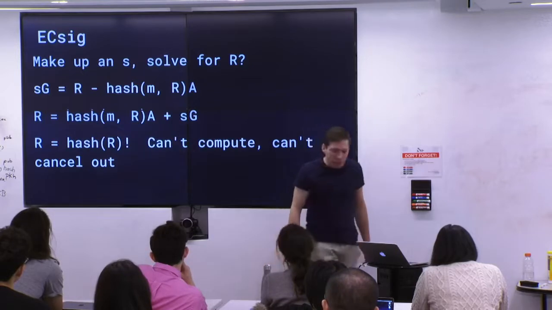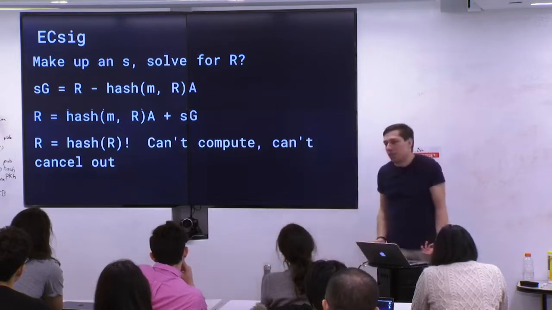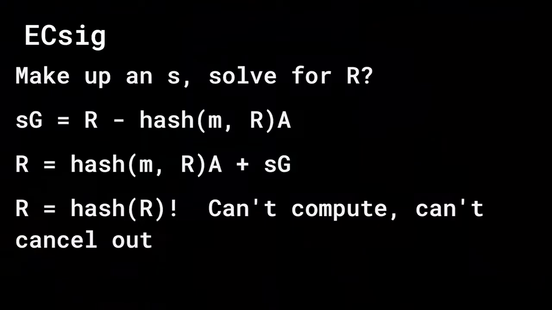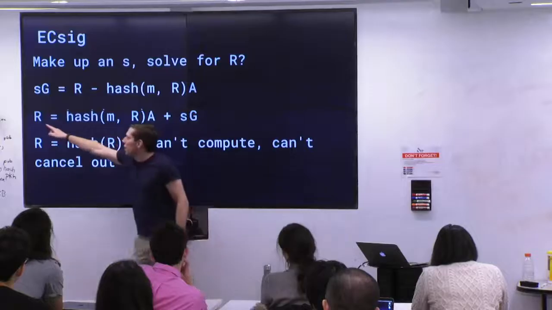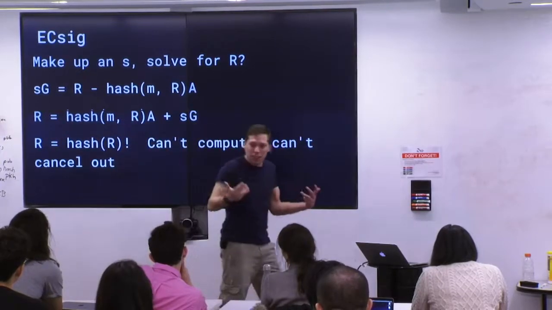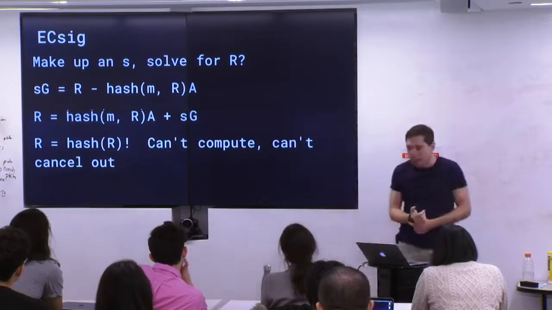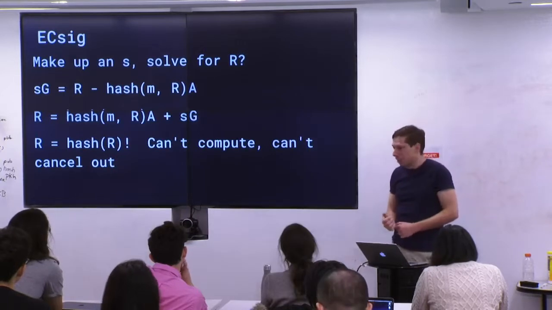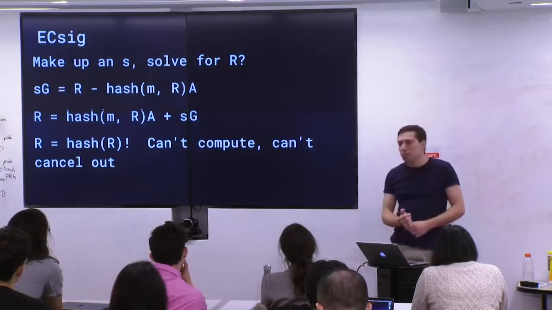The problem is, R is defined by the hash of R in this case. I can't compute this and I can't cancel this out. I need to solve for R, but it's already in here. I'm stuck. If I don't know K, I can't come up with a signature either.